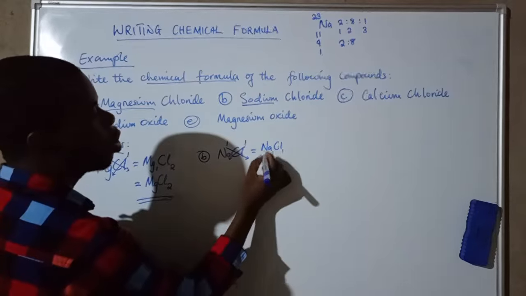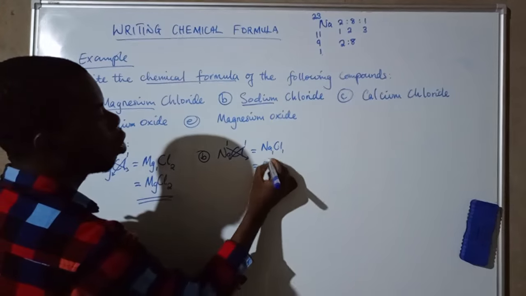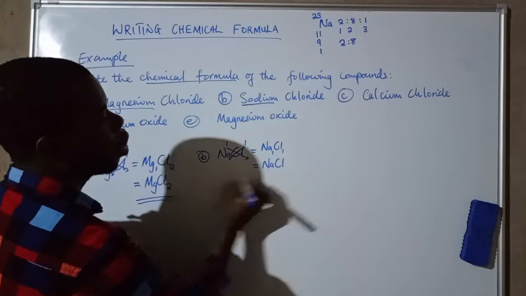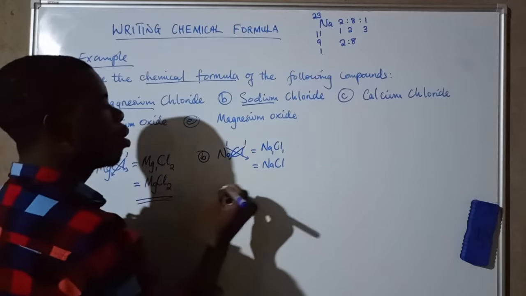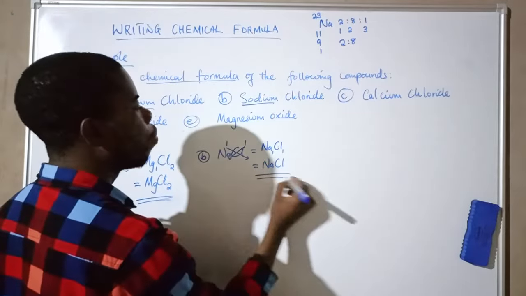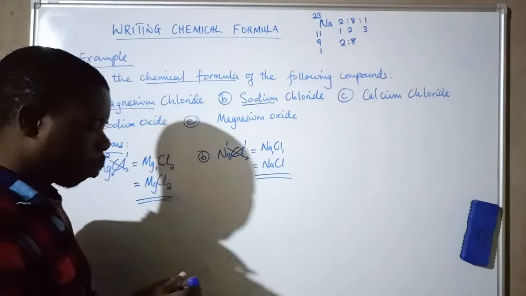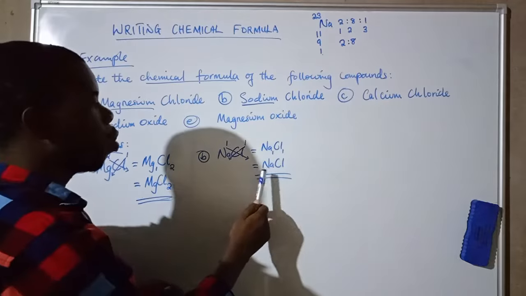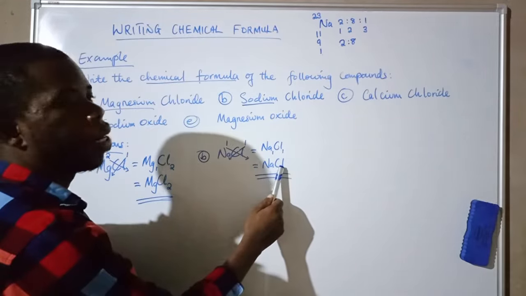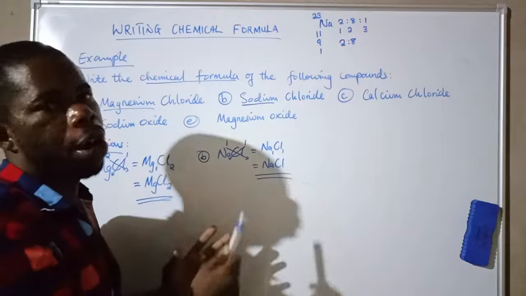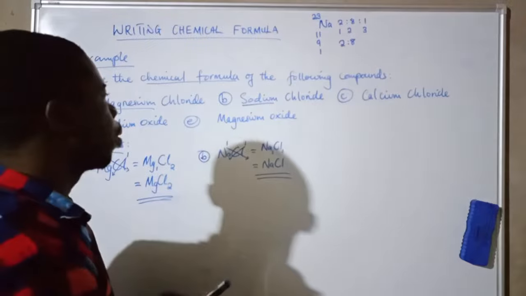Now I said 1 is never indicated, so this one remains Na like that, then Cl like that. So it means this is the chemical formula for sodium chloride, meaning that in sodium chloride, one atom of sodium combined with one atom of chlorine to form sodium chloride. Okay.